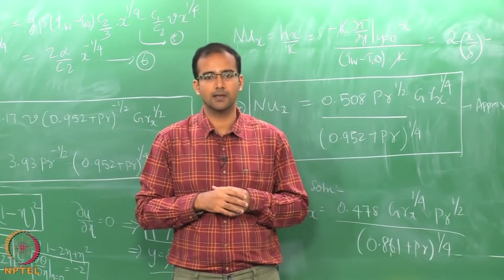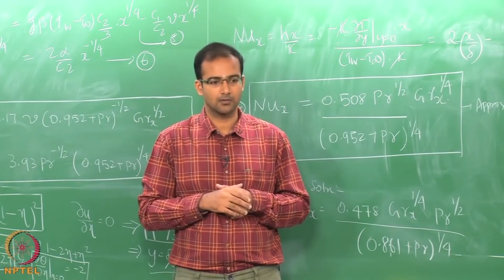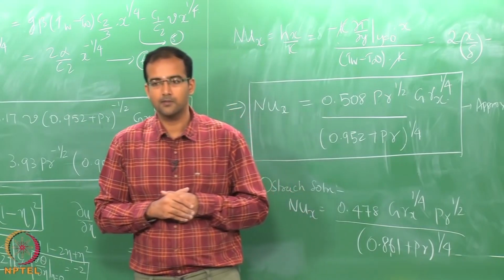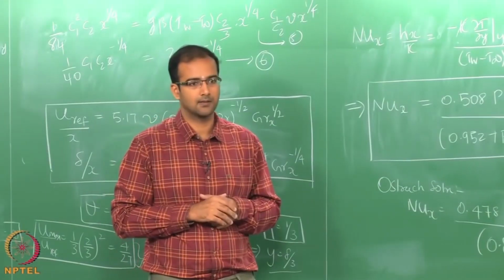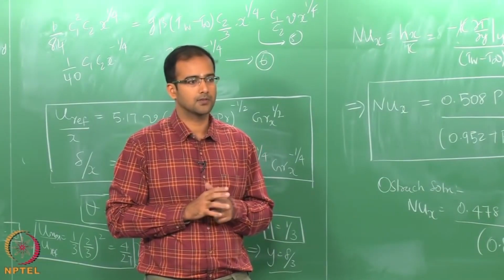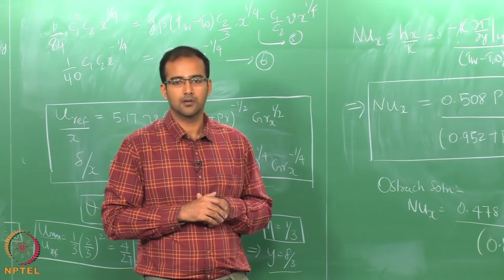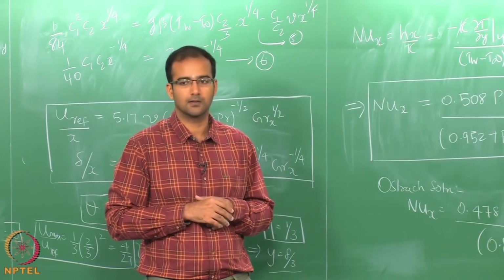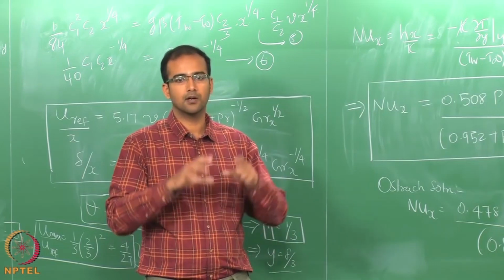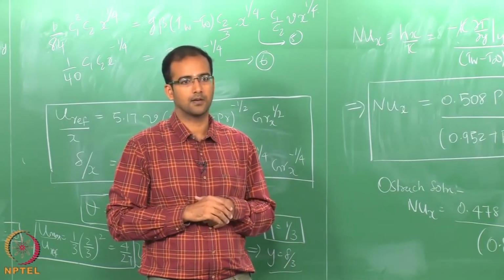So, we will look at some empirical correlations for those configurations, and then for other geometries like cylinders and spheres. So, there are no simple solutions again. Okay. So, I will just give you some empirical correlations and quickly go on to the internal configuration.